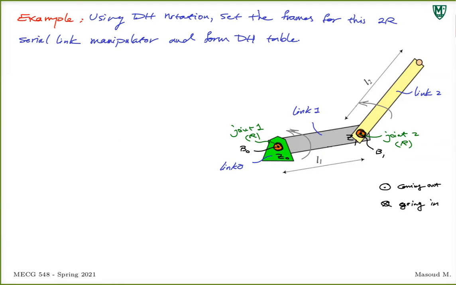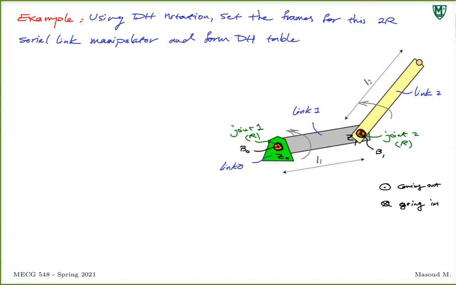So far, we are following the DH notation procedure. Once we get to this point, remember, for the base frame, link 0, we don't have any frame before that.